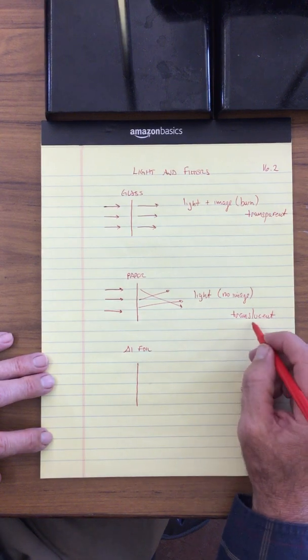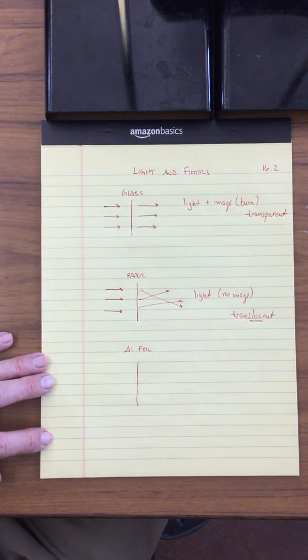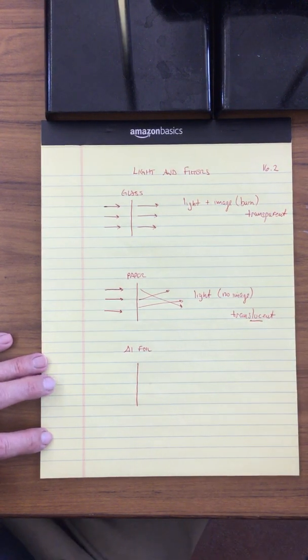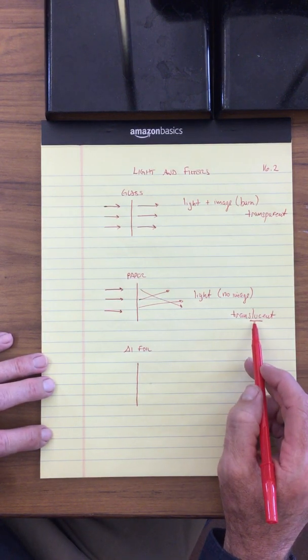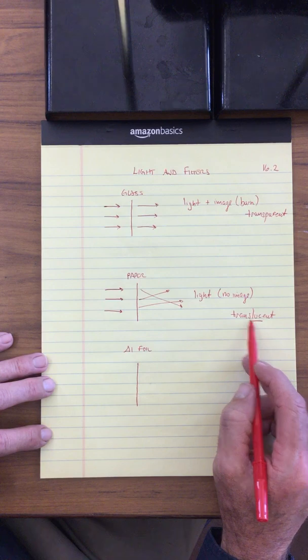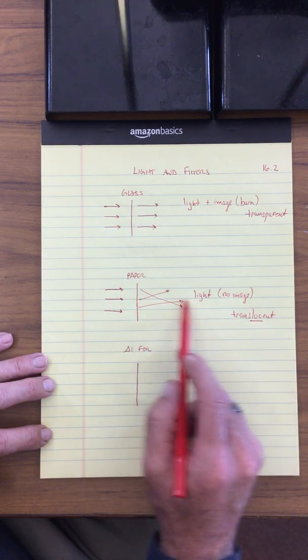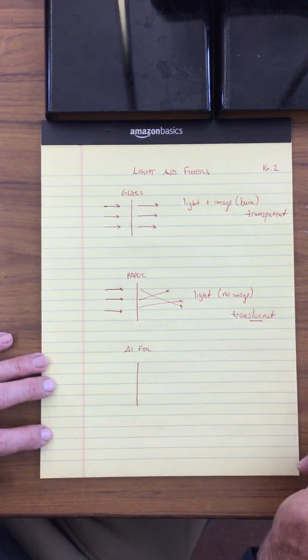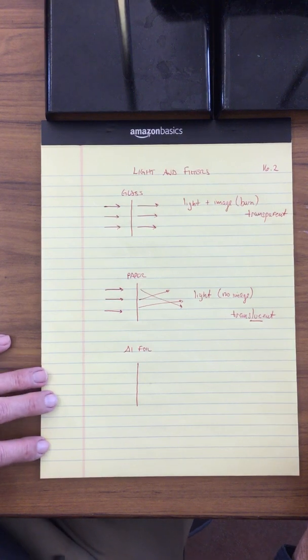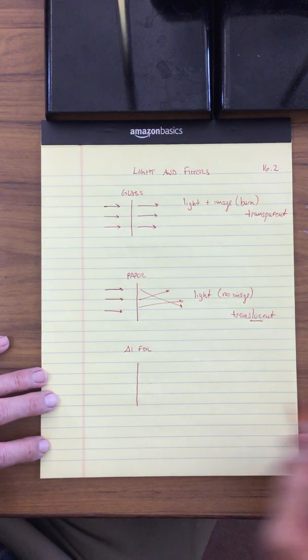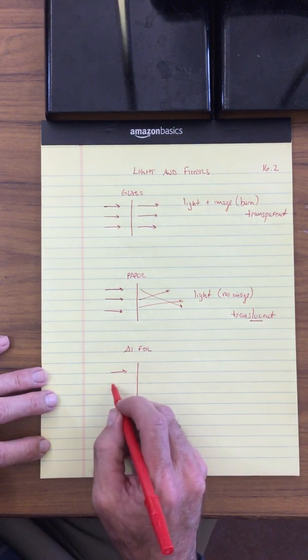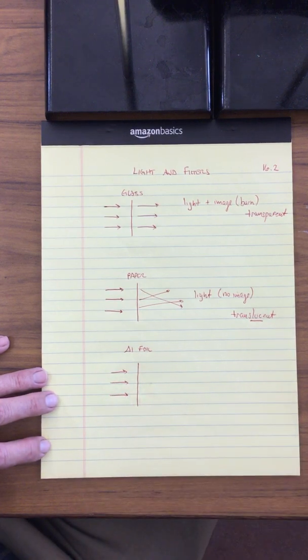Okay, in this case, Lux, like the angel of light, Lucifer, or Lux. Lux and Luc mean light. So in this case, just the light is going across. The light does go across, but there's no image. So this is called translucent. With the foil, what happens is all of the light rays are completely blocked.